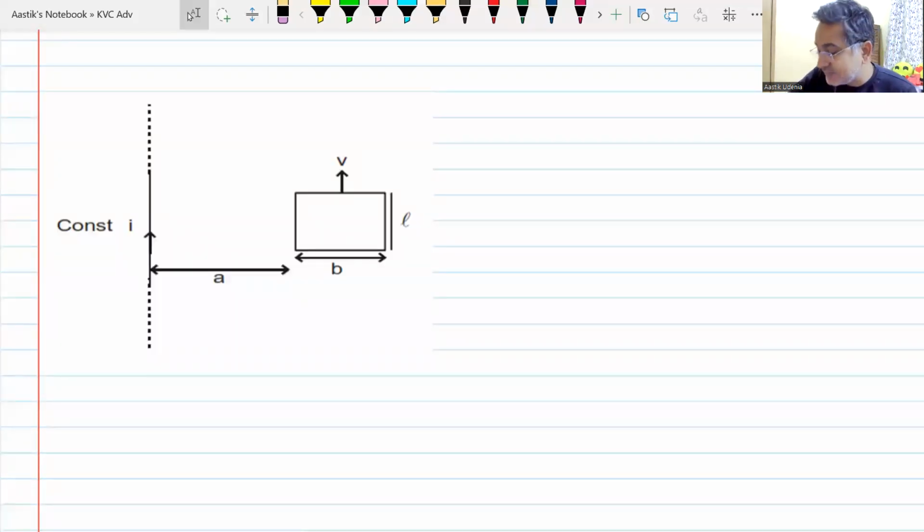Now, if I have this entire loop moving like this, then what is the EMF induced in the loop?